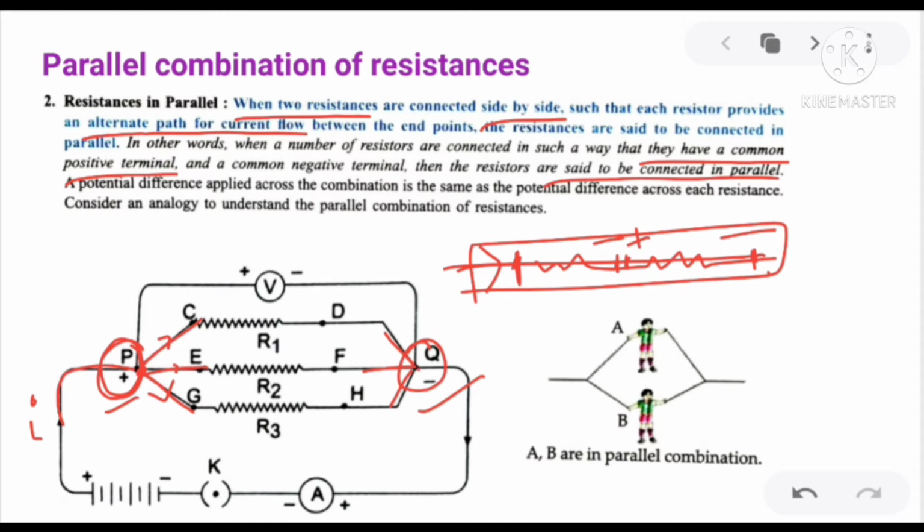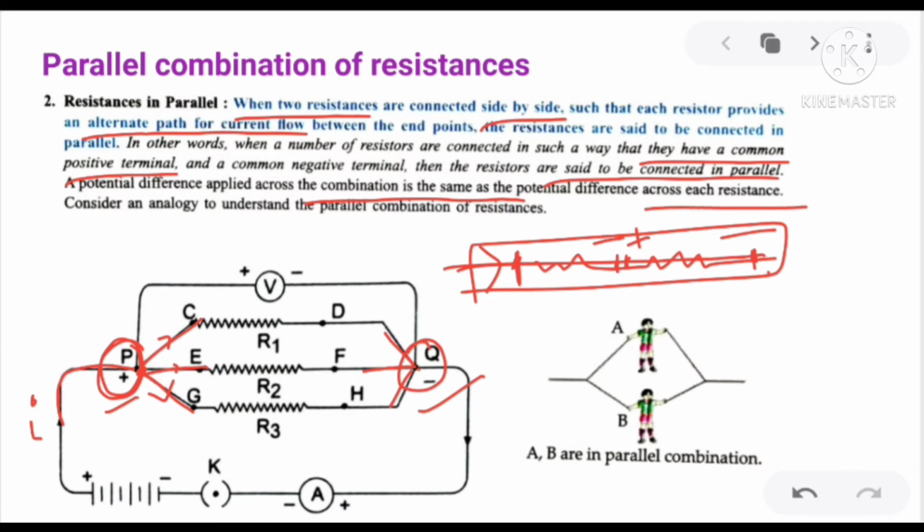Now see here, the potential difference applied across the combination is the same as the potential difference across each resistor.